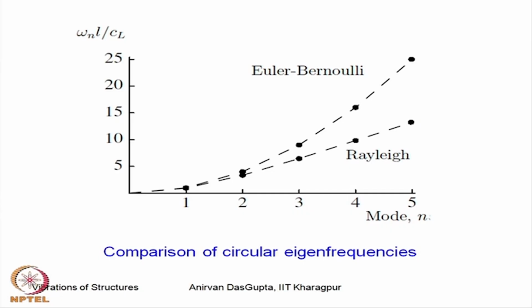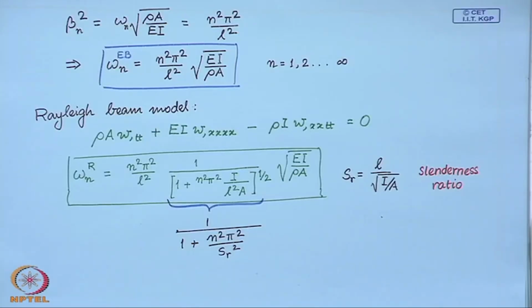Now, let us understand why this additional term comes in our circular natural frequency. The source of this term is obviously the rotary inertia term. We can very easily see that if we look at the differential equation of the Rayleigh beam.